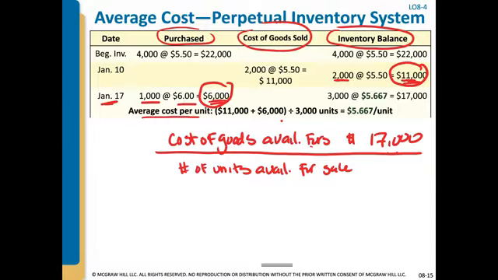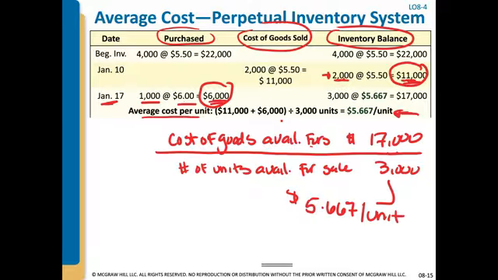How many units do we have? We had 2,000 units in our ending inventory as of January 10th, and then we acquired another 1,000. So we have 3,000, and that gives us an average cost per unit of $5.67 per unit, right? And that's this number right here.